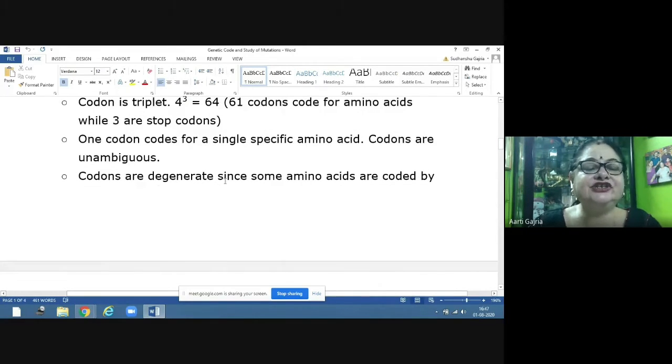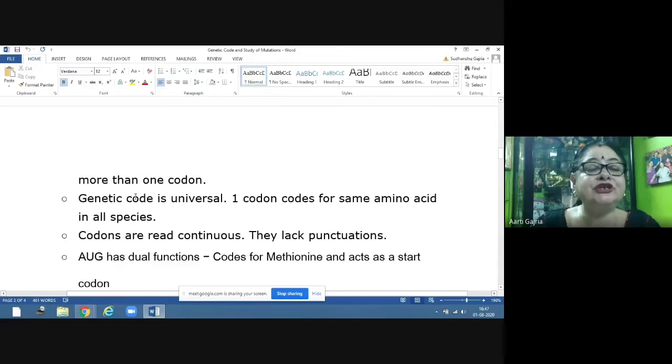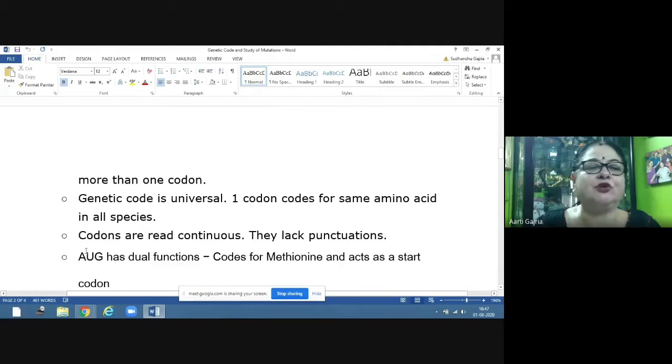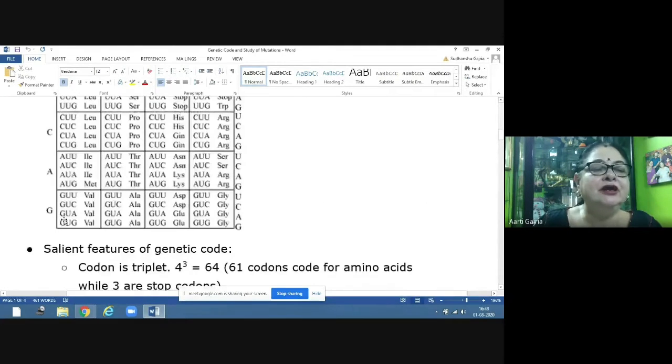Unambiguous, degenerate. The third property is that the genetic code is universal. Universal means if that code is present in bacteria or in tiger or in human being, it will code for the same amino acid in all species. For example, this GUU is coding for valine.